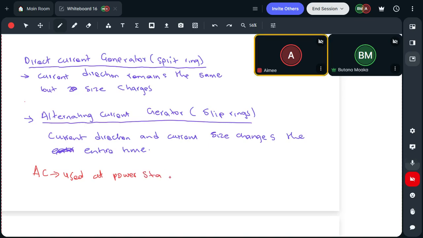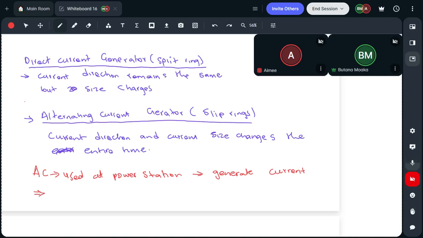If you don't get it now in prelims, you might get it in your final exam. Or they'll say, what is AC used for at a power station? You'll say to generate current. Please trust me, electrodynamics has a lot to do with theory and less calculations. What is the reason that AC is used at power stations?